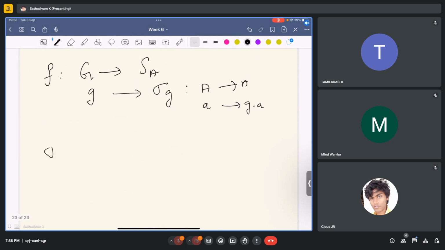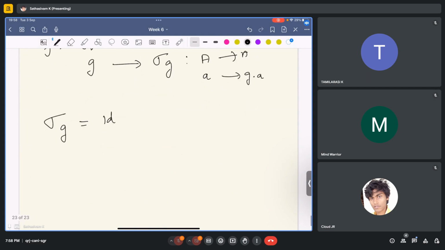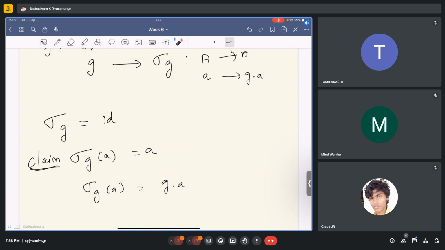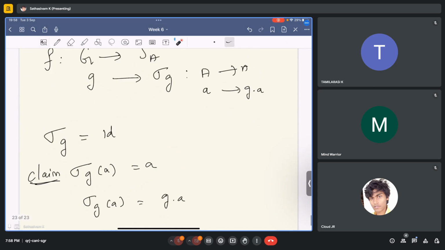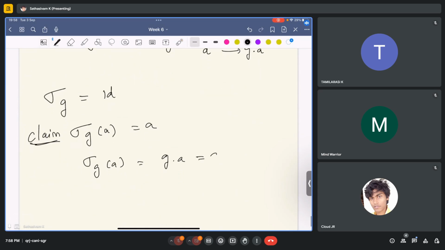So basically, sigma g of a is equal to a. This is the claim we want to prove. Well, that is obvious. What is sigma g of a? It is nothing but g·a. But since g is in this set, g·a is equal to a. So we are done.